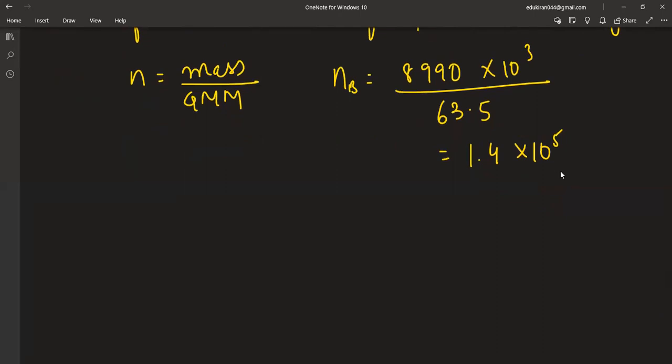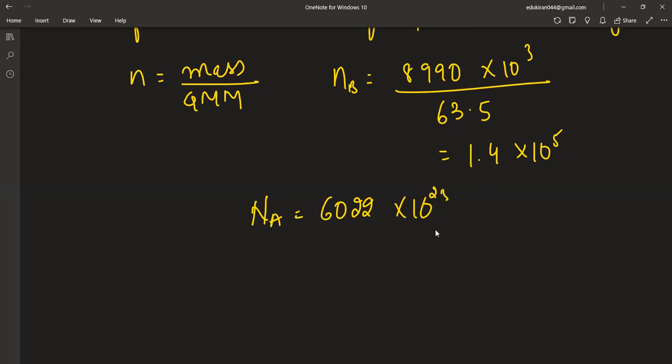Now see, each mole is having how many atoms? What is Avogadro's number? 6.022 into 10 to the power 23.